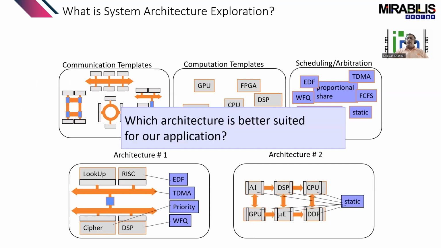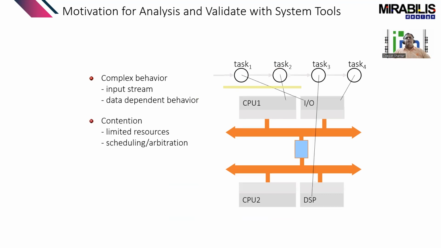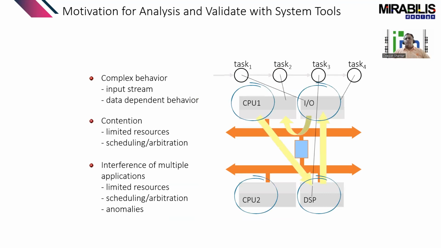Now, there are always a lot of different options available, and you really want to understand which architecture is best suited for your application. Once you have created this application, say you have different dies and each one has its own processing, the next question is, how do you take tasks and apply them to these different subsystems? So what's the flow that happens here?